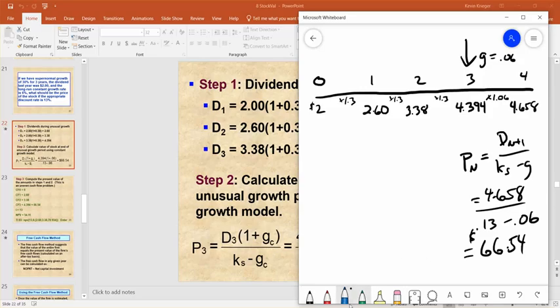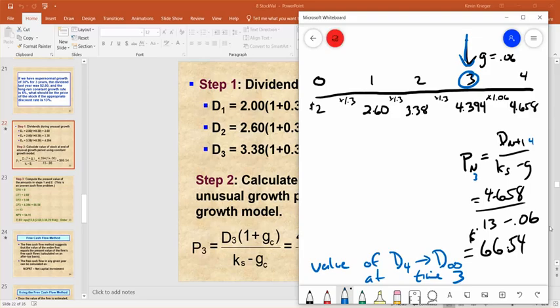Well, what the heck is 66.54, right? It's the value of dividend 4 all the way through dividend infinity. It's all the future dividends at time 3. Why time 3? Because that's the point at which this formula was used. So how do I get the present value of all the dividends?